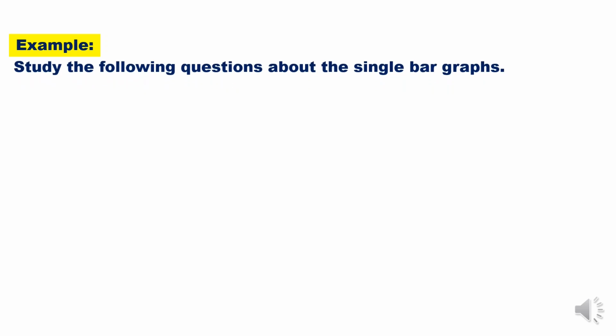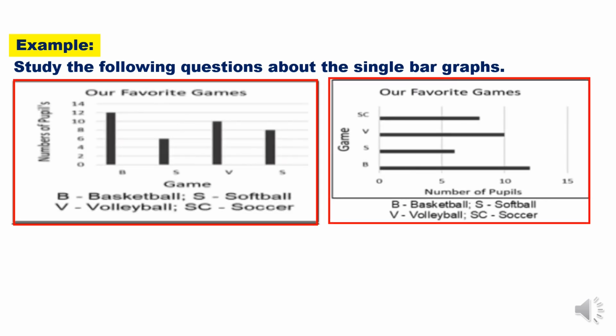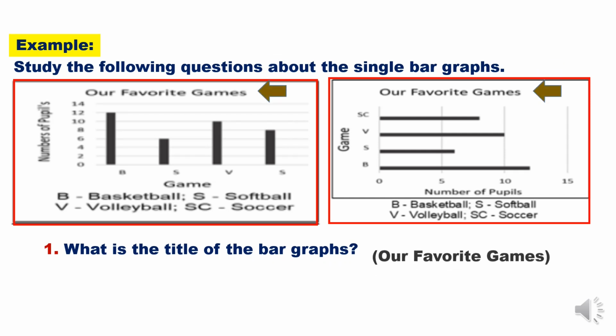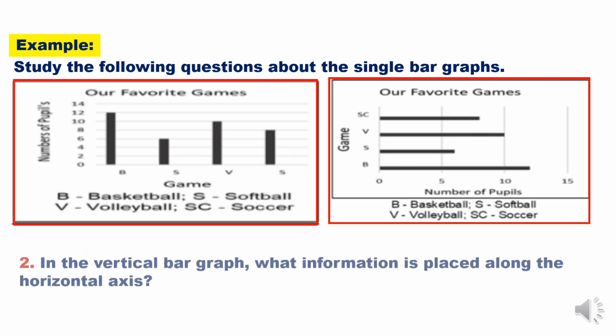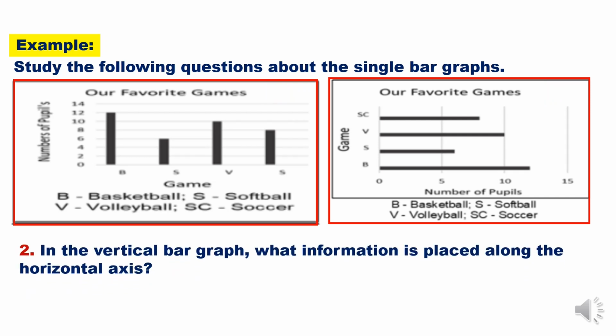Example: study the following questions about the single bar graphs. What is the title of the bar graphs? In the vertical bar graph, what information is placed along the horizontal axis?